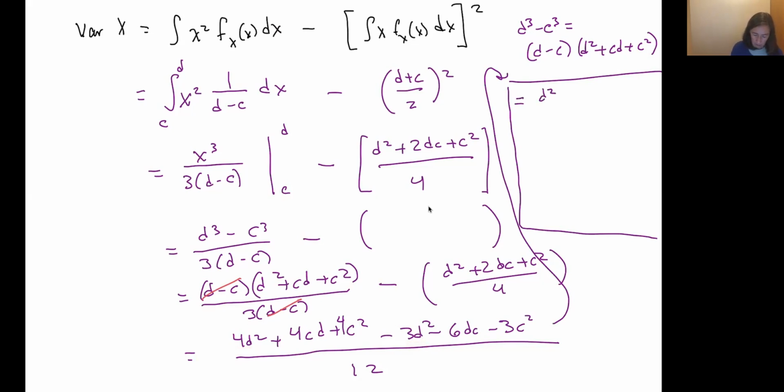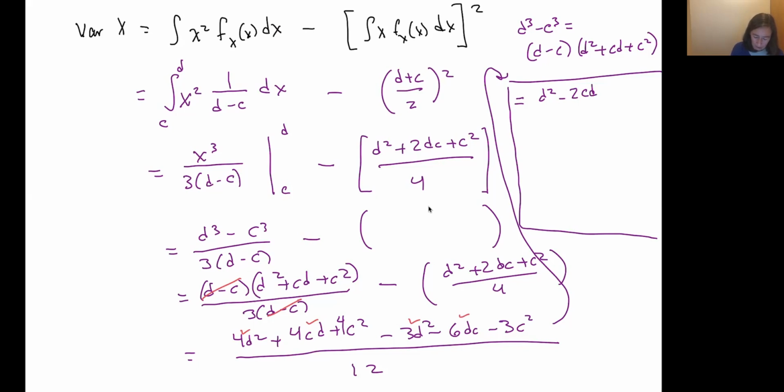I've got 4cd minus 6dc, so that is negative 2cd.